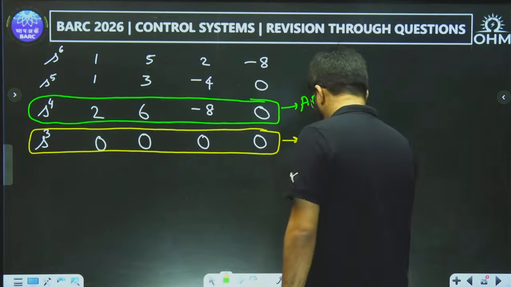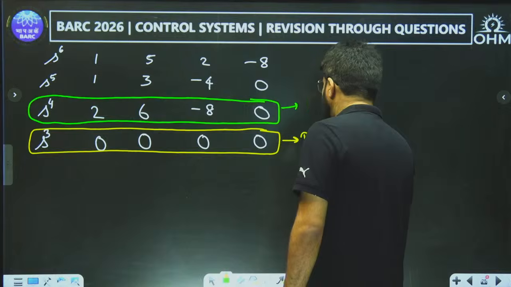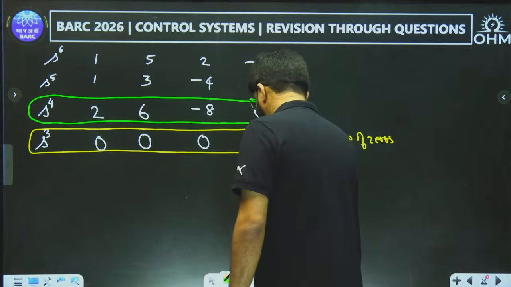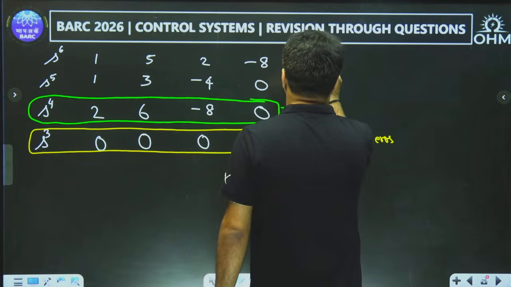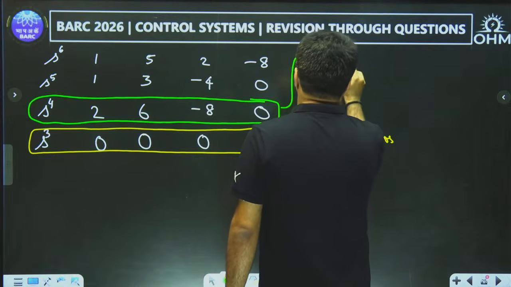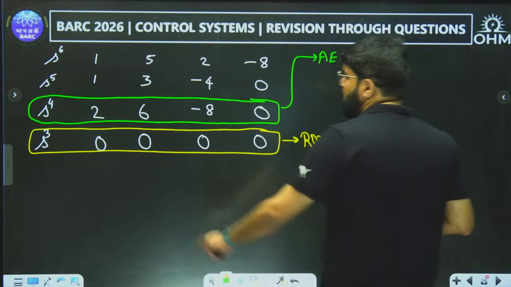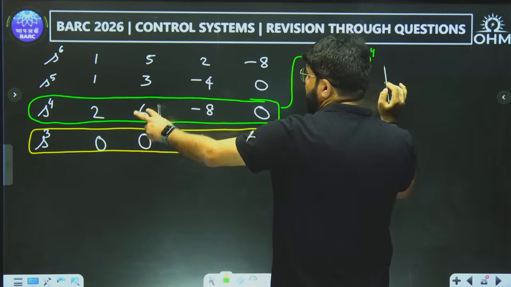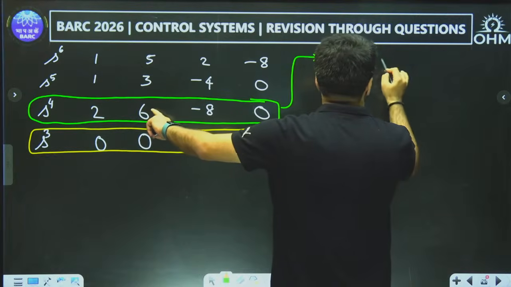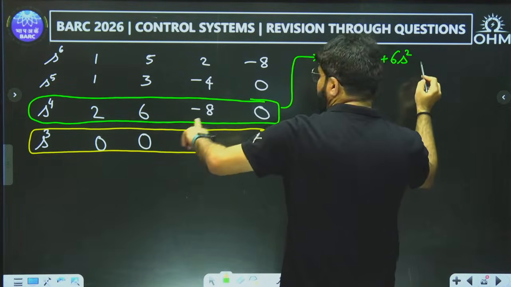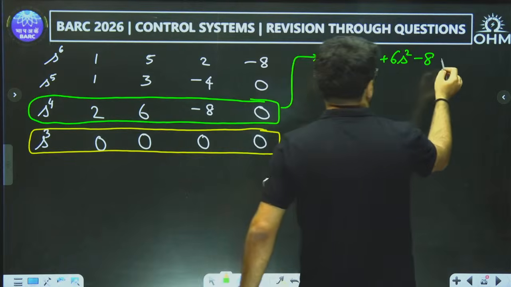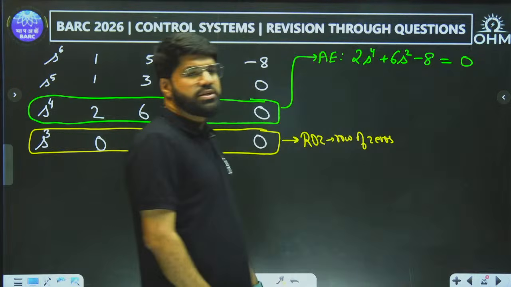It is 2s power 4, and every coefficient is an alternate term coefficient. Next will be 6, which is the coefficient of s square. Next minus 8, which is of s power 0, and s power 0 is 1, so I can remove it. This is the auxiliary equation.